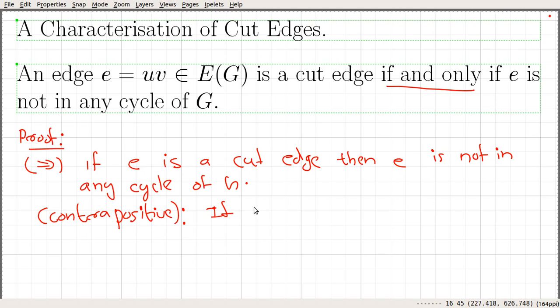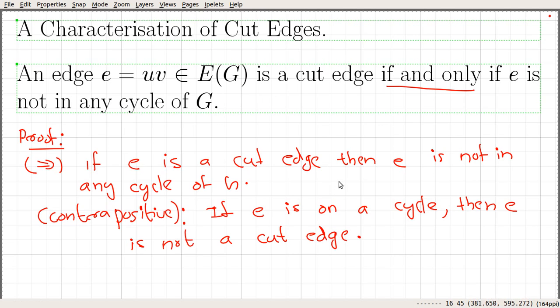So the contrapositive of this statement is: if E is on a cycle in the graph, then E is not a cut edge.